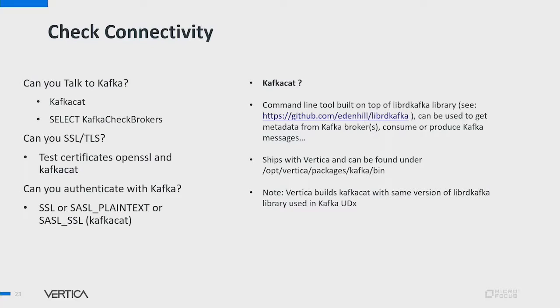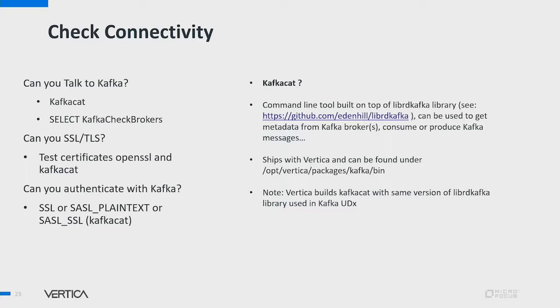One is the kafkacat utility that is bundled with Vertica as well. We also have a function called KAFKA_CHECK_BROKERS. When we call this function with the Kafka broker URL, it tries to communicate with Kafka and gives us in the output all the brokers and their ports and all this information.